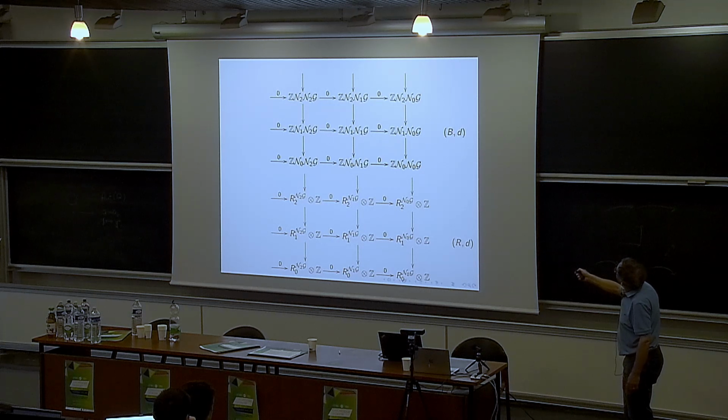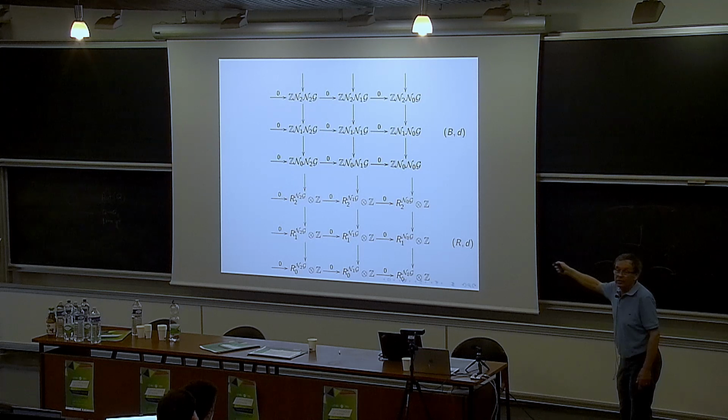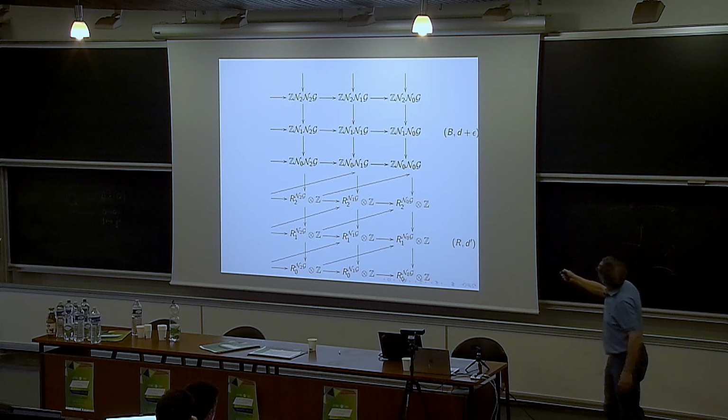So B, I suppose, is the total complex of this. R is the total complex of this. And I want to calculate, well, it's not this B I want. I want to perturb B, because the horizontal maps shouldn't be 0. They should be something else. So I'll get rid of the zeros. It was originally 0, the D, and I'll perturb it to make it correct.